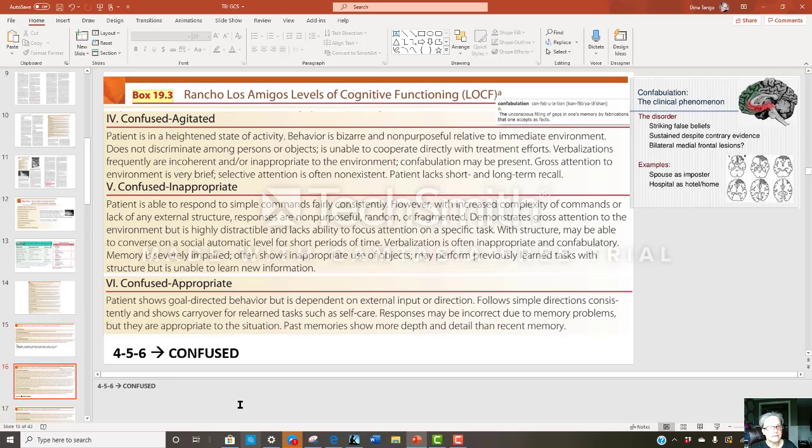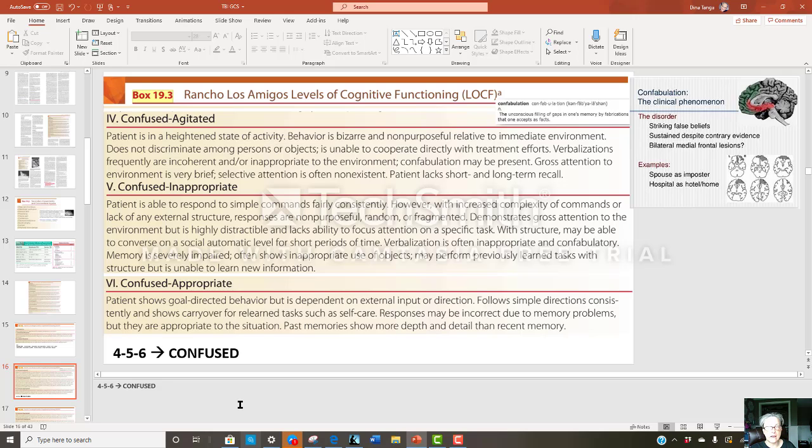Let's move on to 6. Confused and appropriate. Okay, so 4, 5, and 6 is confused, confused, confused. Agitated, inappropriate, appropriate. The patient shows goal-directed behavior, but is dependent on external input or direction.